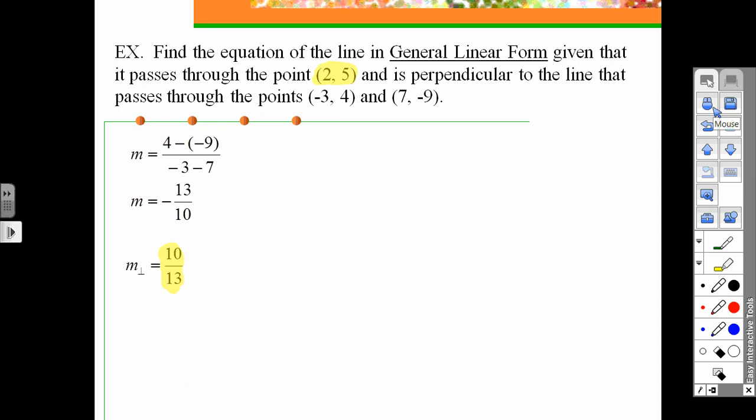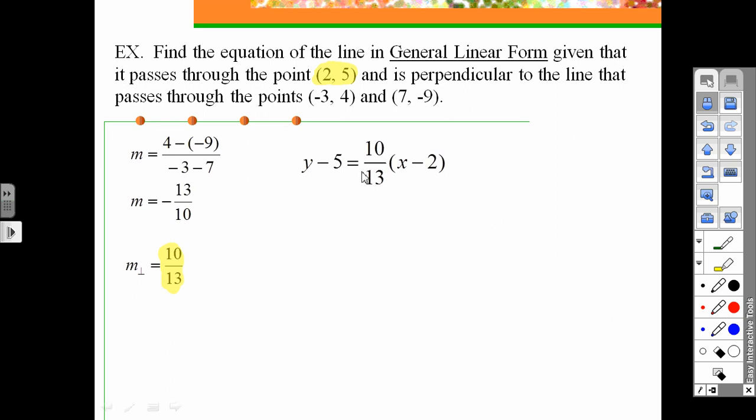I can use those 2 pieces of information to write my equation in point-slope form. So I plug this in. And then the next thing I'm going to do now is to convert it into general linear form. If they had said to leave it in point-slope form, we would be done right now. Wouldn't that be nice? Okay, but they didn't, so we got to move on.